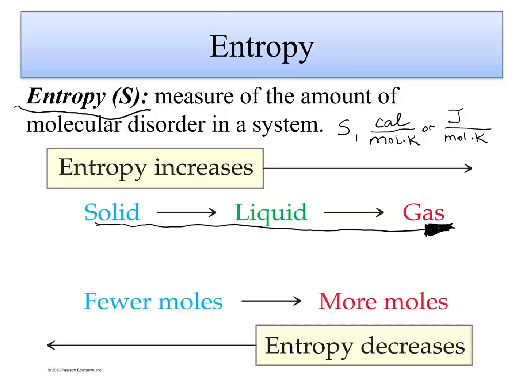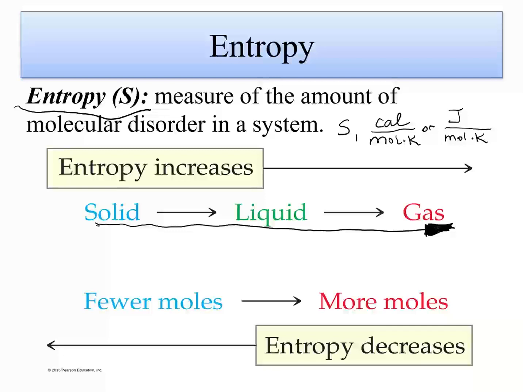In solids, molecules or particles or maybe ions are only able to wiggle just a little bit, so they are not able to move freely. Therefore, when we change a state from a solid to a liquid or to a gas, we increase the entropy, or the molecular disorder in the system, because of the movement of these molecules.